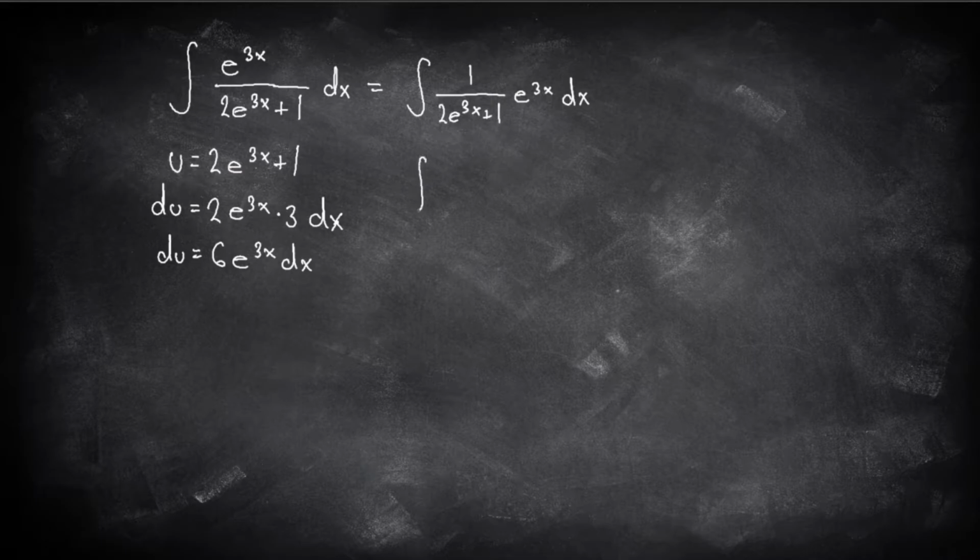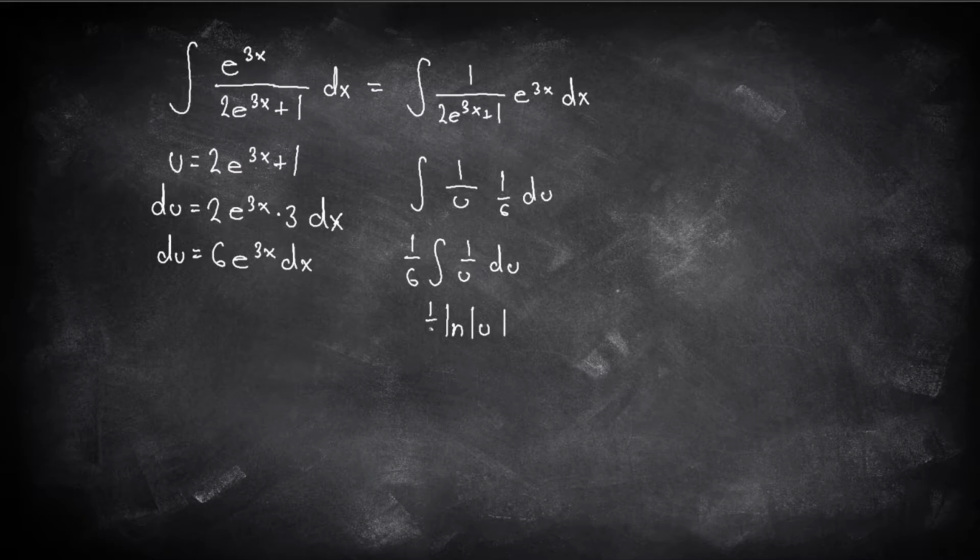So that means it's the integral of 1 over u times e to the power 3x dx, which is 1/6 du. So this is a scalar, so we can move it outside. So 1/6 integral of 1 over u du. As we said before, for these, it's going to be natural log of the absolute value of u.